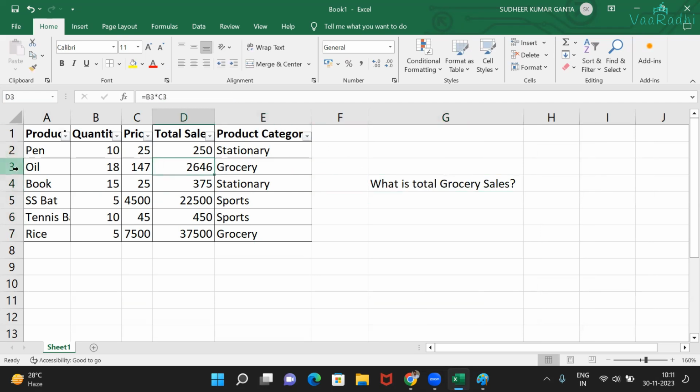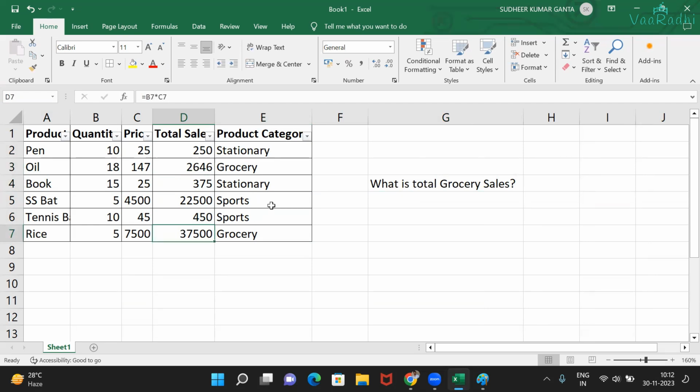Perfect. This is one grocery row and this is one more grocery row. As we have only a limited number of 6 records in my sales data, we are able to simply say D3 plus D7 as the sum of grocery.